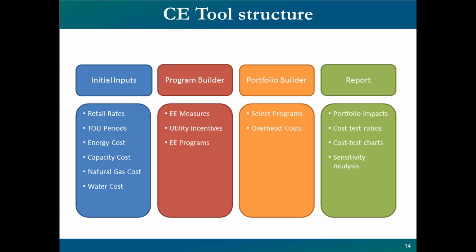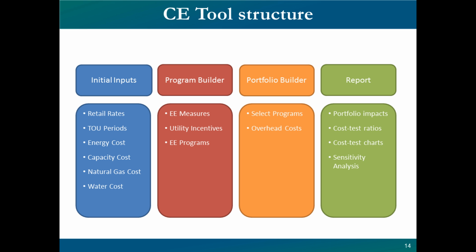You then move on to the Portfolio Builder tab, and the Portfolio Builder tab is where a user can populate the composition of the entire portfolio and how many programs of each type are being tested to consider the cost effectiveness of the portfolio. This is also where the user can input overhead costs that are not necessarily tied to single programs, but to the entire portfolio in general.